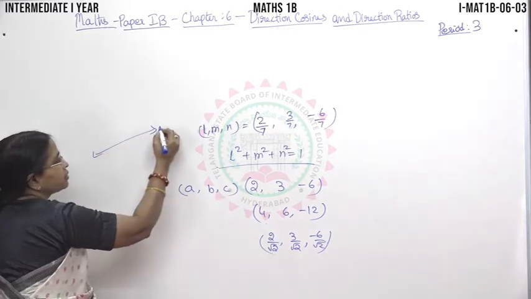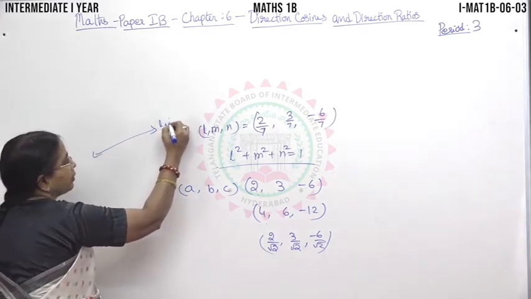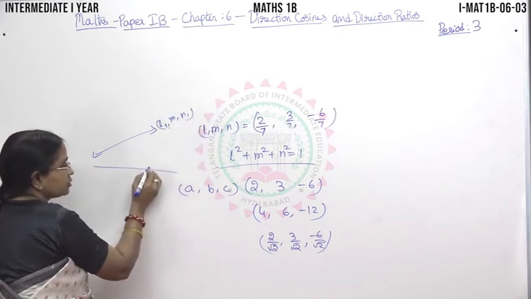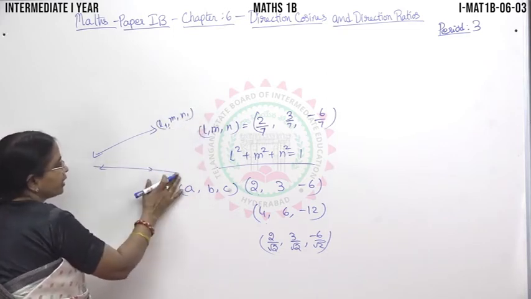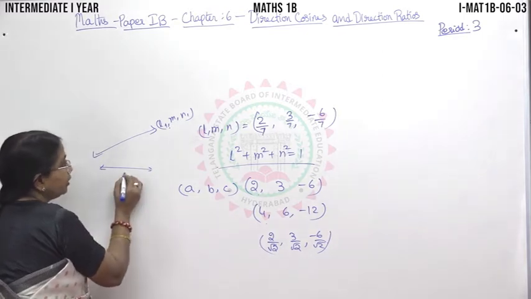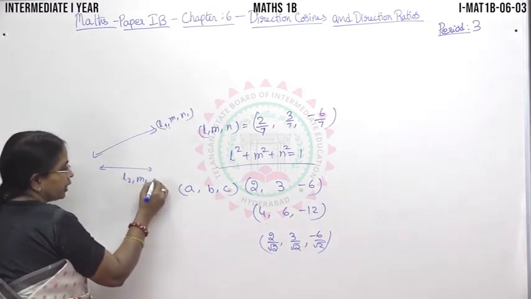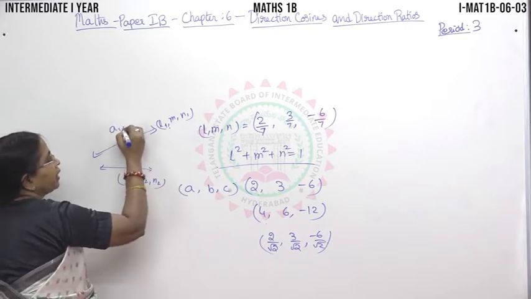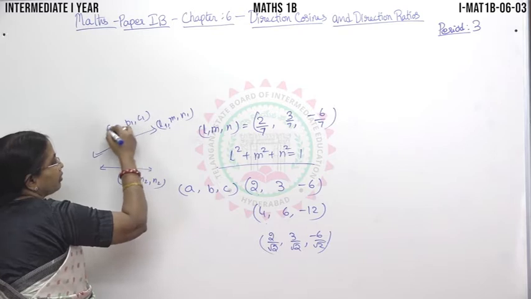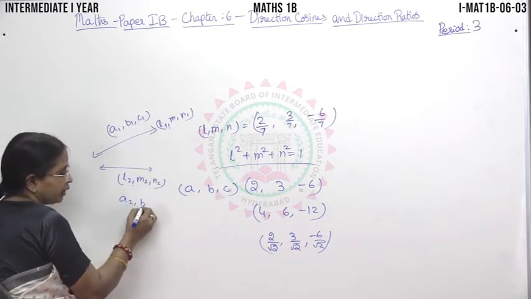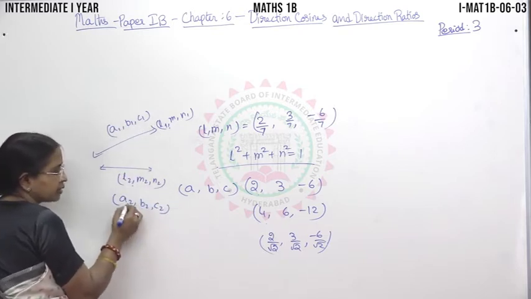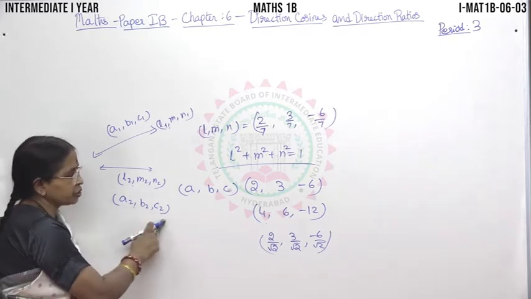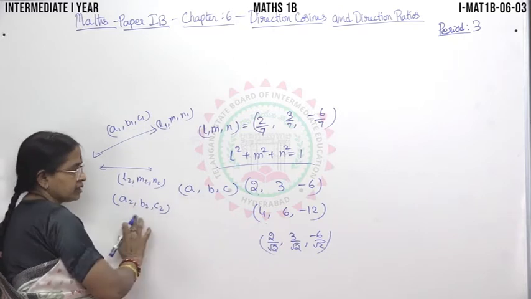The direction cosines of one line are denoted by L1, M1, N1, and the direction cosines of another line are denoted by L2, M2, N2. Then the direction ratios are denoted by A1, B1, C1 and A2, B2, C2. These are the letters that we use. So when it is ratios, it is A1, B1, C1 like that.